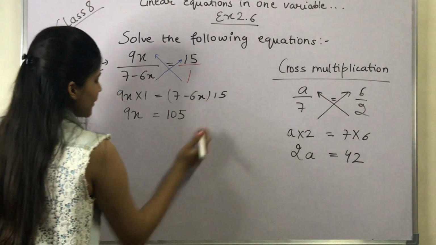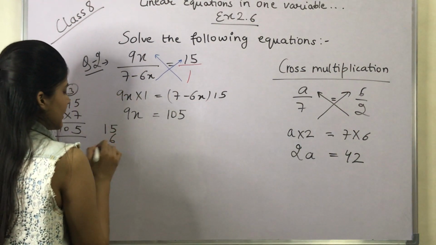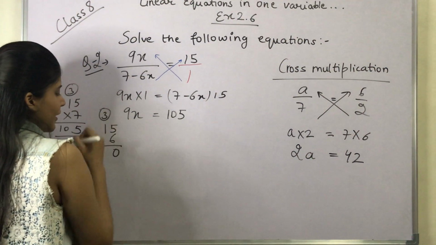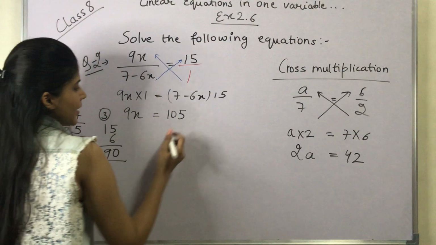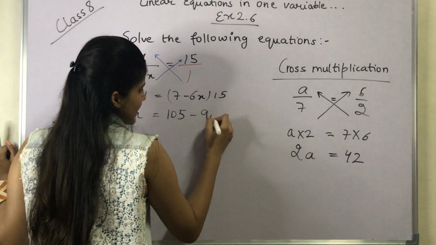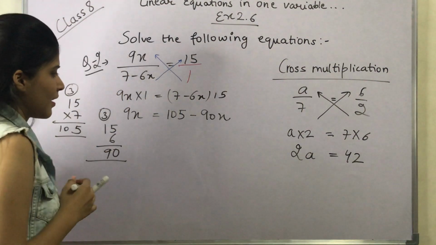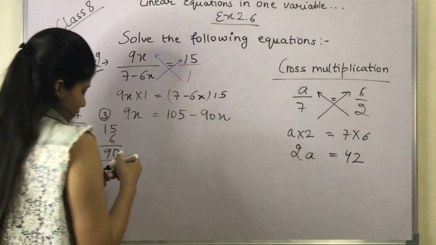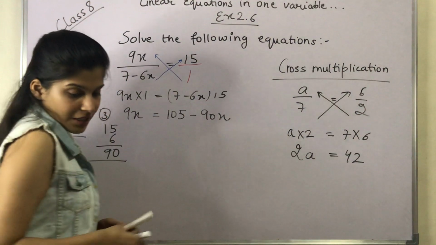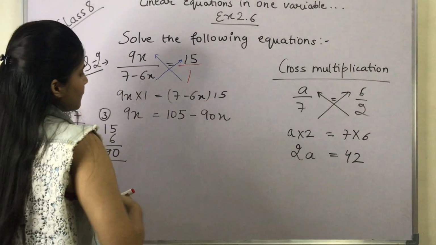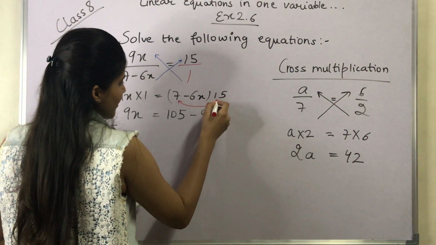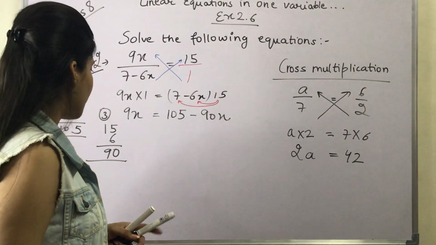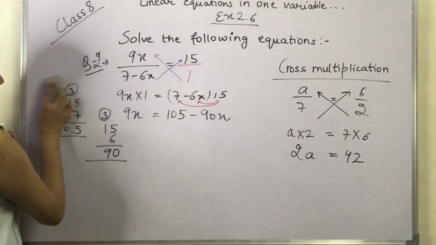Now minus 6 into 15. 6 into 15 is 6 fives are 30, 0, 3 carry, 6 ones are 6 plus 3 is 9. So minus 90x. Now what we did, we first multiplied 15 by 7 and then we multiplied 15 by minus 6x.